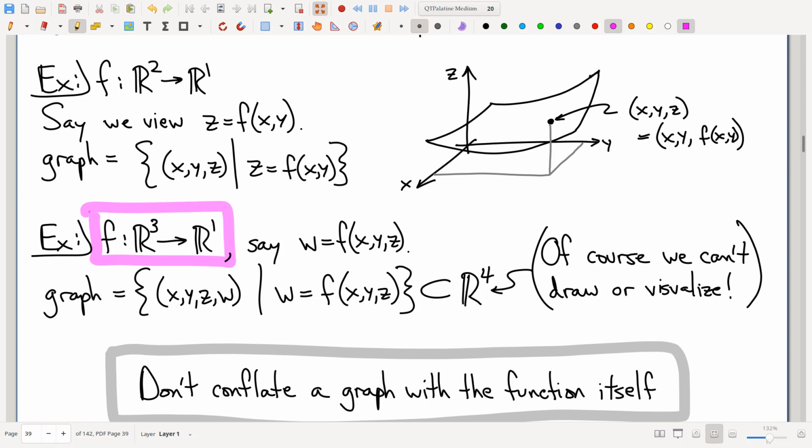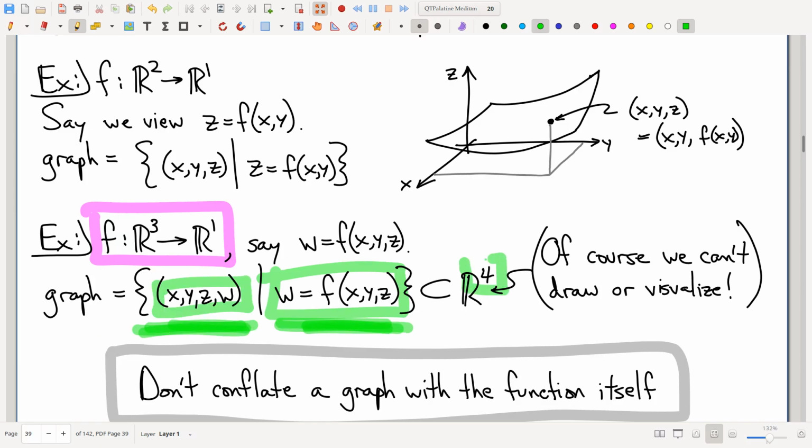And yet, if you think about it, when you form the graph, whichever way you think about it, notice you're talking about 4 variables. That means that if I were to try to draw the graph, it would live inside of a 4-dimensional space, and I can't visualize in 4-dimensional space very well, which I say as a joke. I can't visualize in 4-dimensional space at all, right?